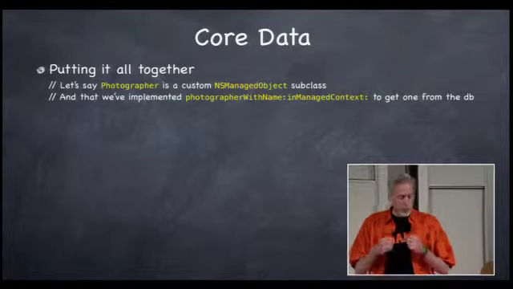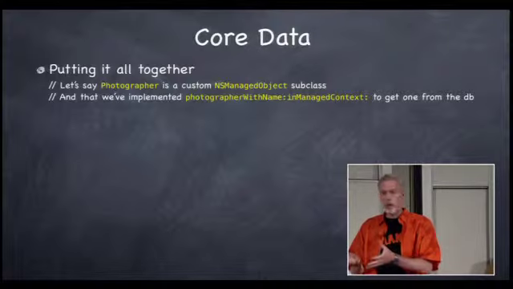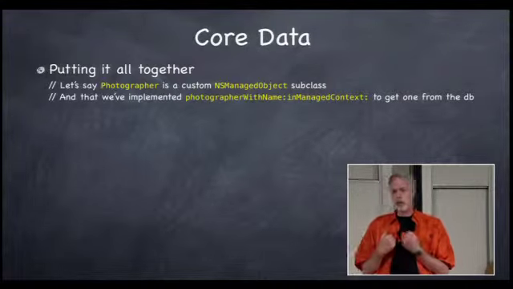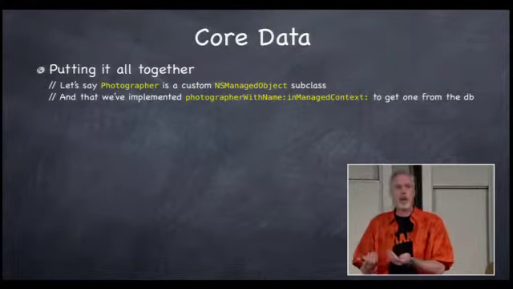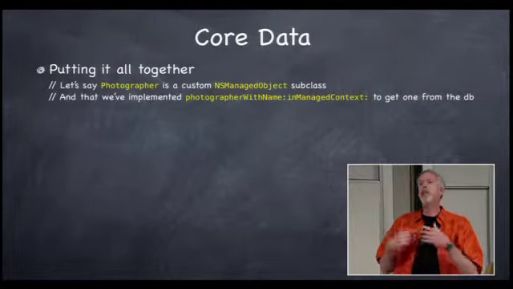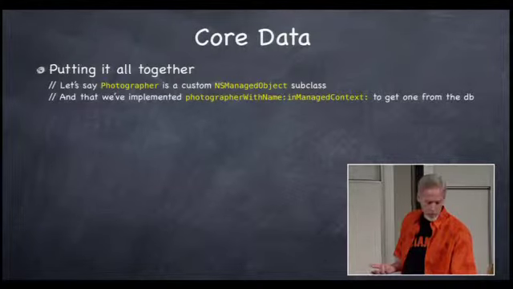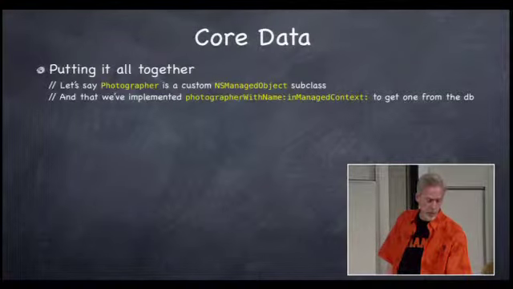It goes out and looks in the database to see if there's a photographer with that name, and if there is, it returns it, and if not, it creates one and returns it. Okay, so it's kind of a create-if-it's-not-there, and if it is there, give it back to me kind of method.